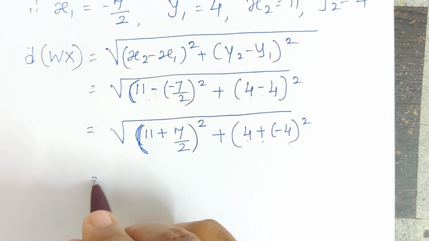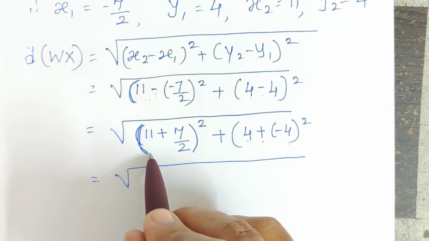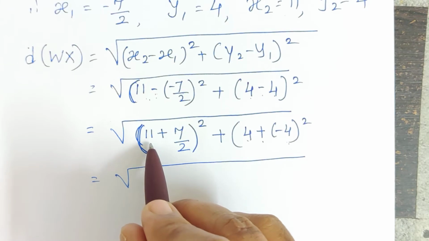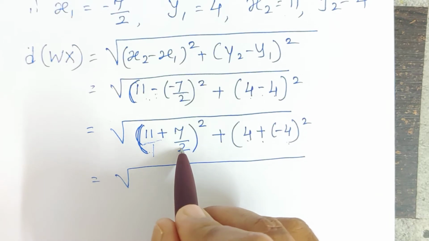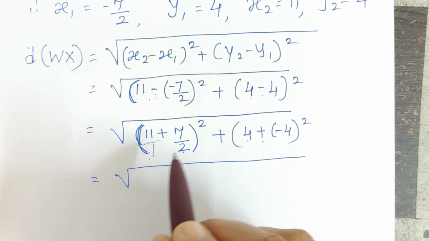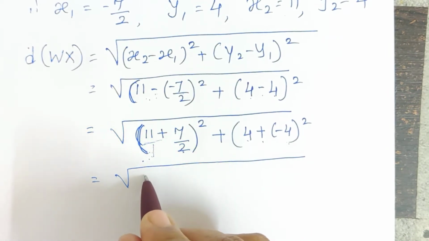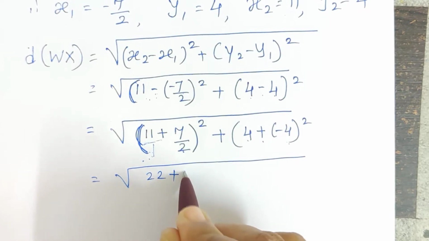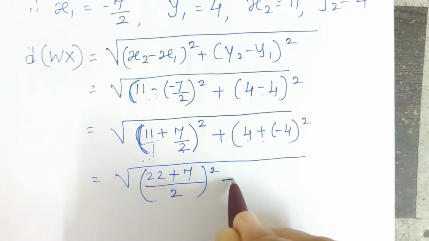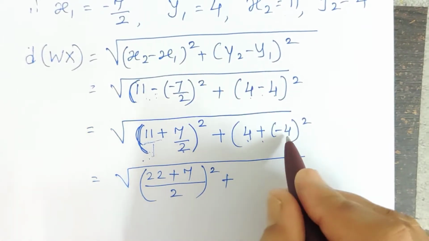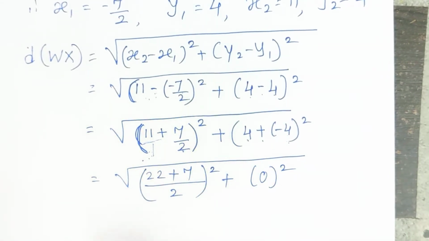Now you add it. Under root, here 11/1, nothing is there in the denominator, that means we consider it to be 1. And for addition of fractions, the denominators are not the same, so by cross multiplication make the denominator the same. 11 2s are 22 plus 7 1s are 7 upon 2 1s are 2, bracket square, plus 4 minus 4 cancel, which is 0 square.